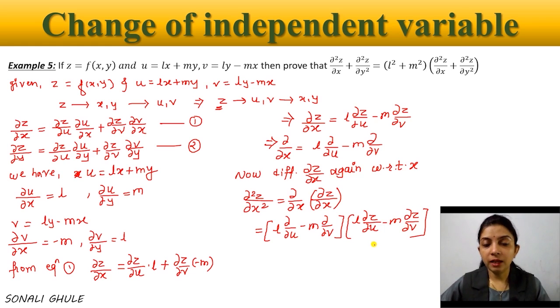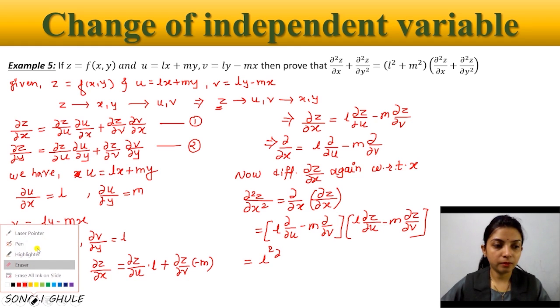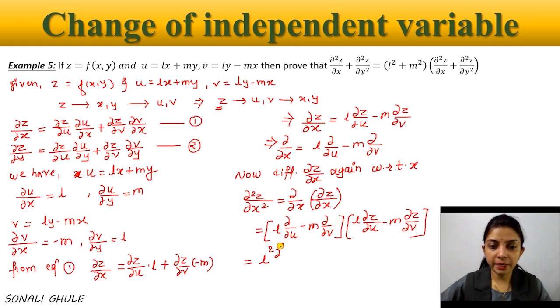Okay. Now we have to solve this product here simply, and that will give us dou 2z upon dou x square. So here if I solve the product of these two brackets, see what I get. I'll get here L square dou 2z upon dou u square, right?